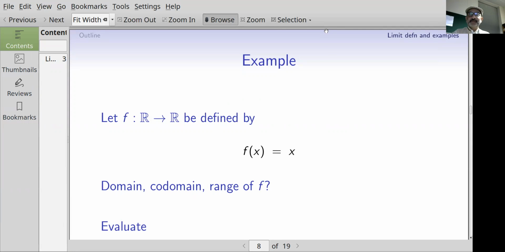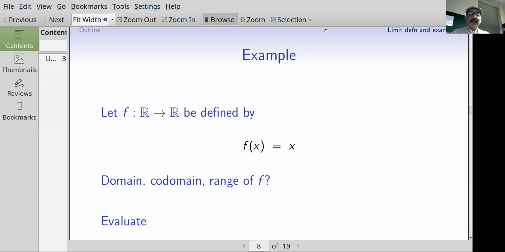Now let's take another example. f sends R to R, defined by f of x equals x. So the domain is the reals, the codomain is the reals, and the range, well, all the values that f takes, well, those are all of the reals. So the range of f is also all of the reals.